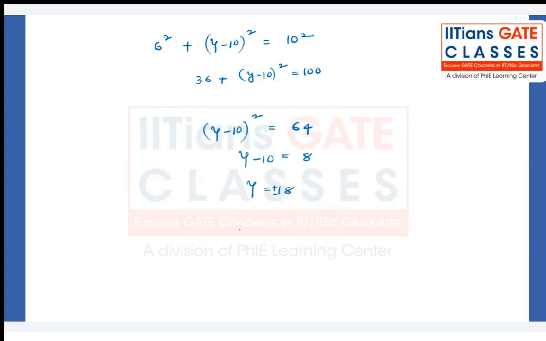Now why do we consider it is 18? Because it is above the x coordinate, right?